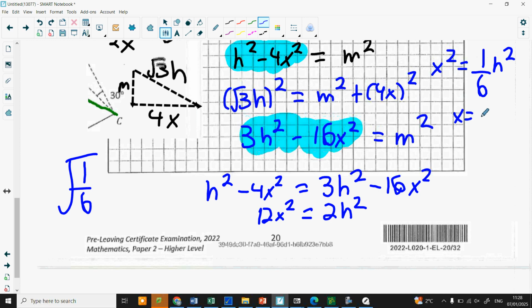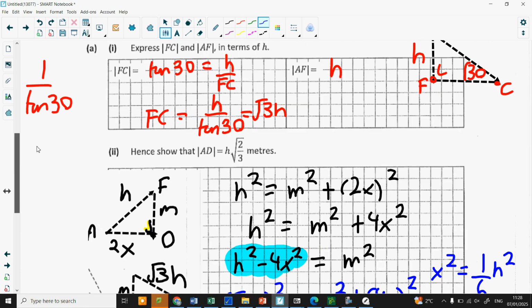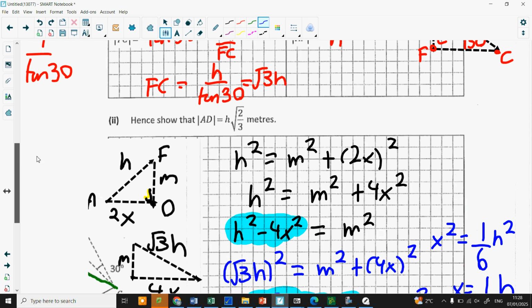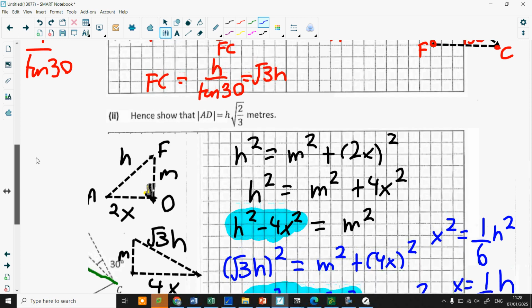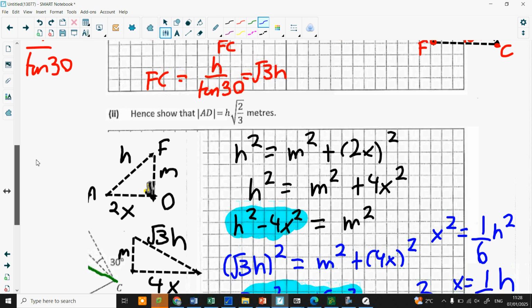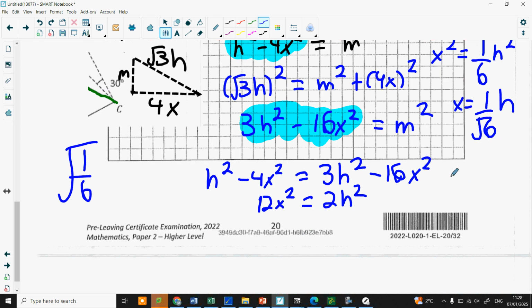What do we get? How does your calculator present it? Just 1 over root 6, yeah? Now, what did they ask me to do? That was exactly what I was looking for, was it? But AD is 2 of them, isn't it? Would you agree with 2 of them?